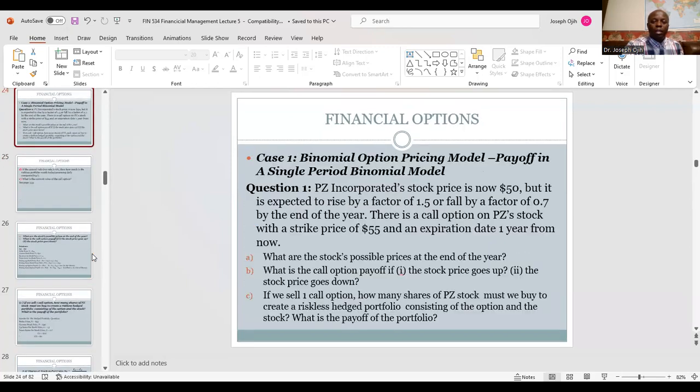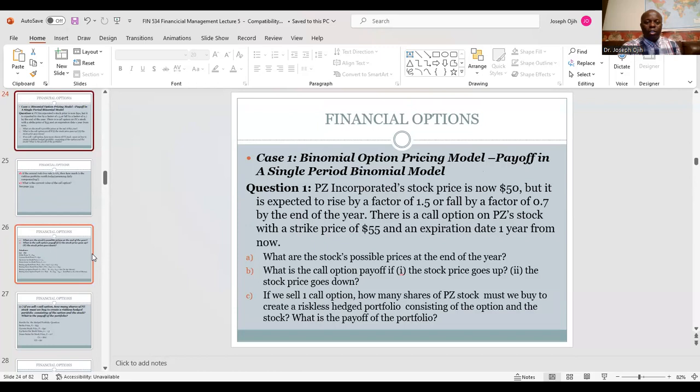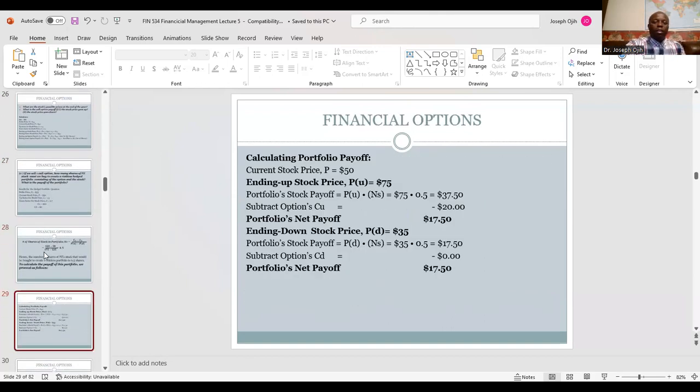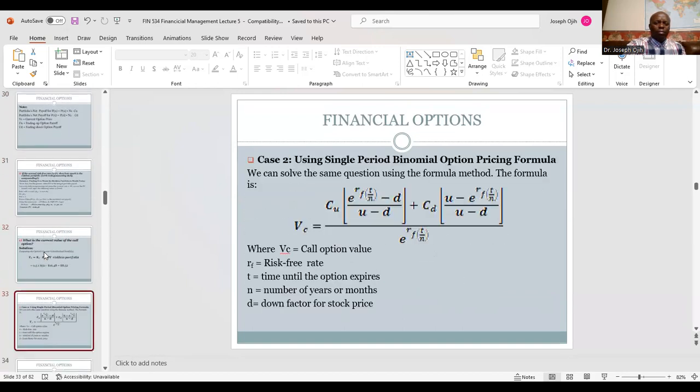Remember, case 1, we did case 1. For case 2, we use the formula to find the current value of the option. We're going to do everything we did before, but when we come to finding the value of the call option, we use the formula. That is what we have in case 2. You can see that here. Case 2.